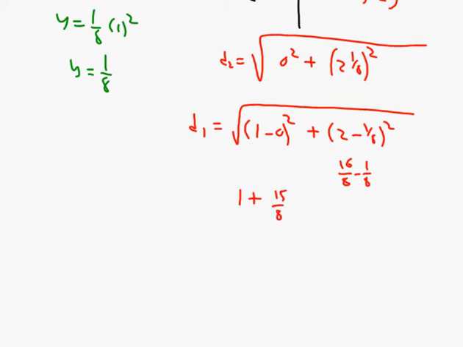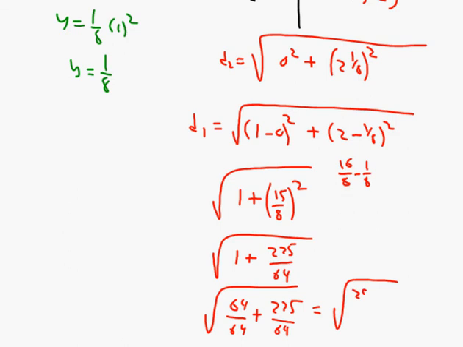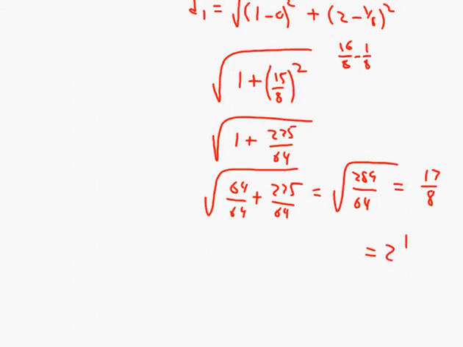We've got to square that too, so this becomes 1 plus 225 over 64. That's 64 over 64 plus 225 over 64, square root. It's the square root of 289 over 64, which is 17/8, which, surprise, surprise, is 2 1/8.